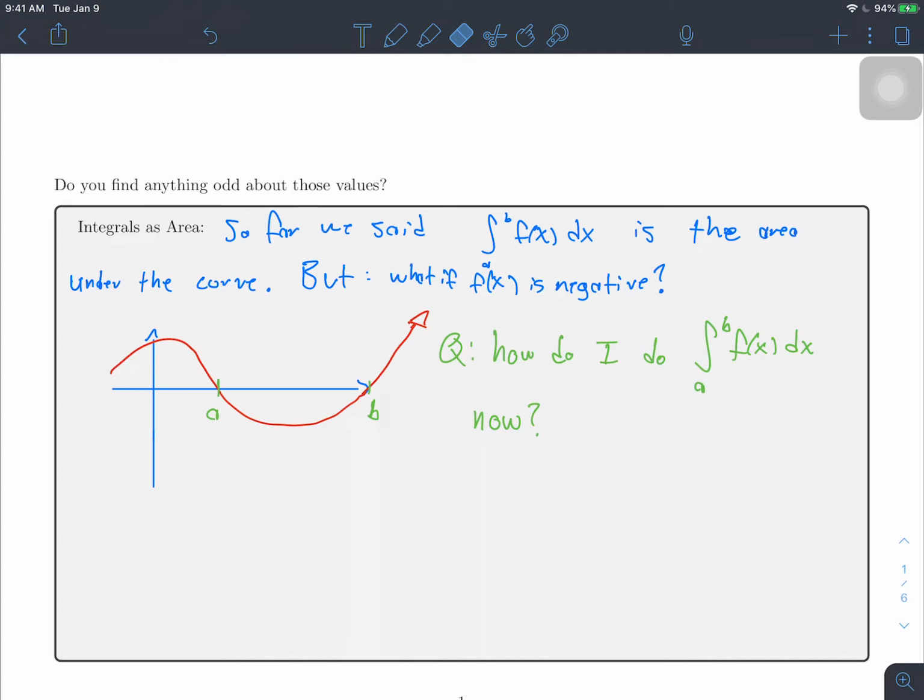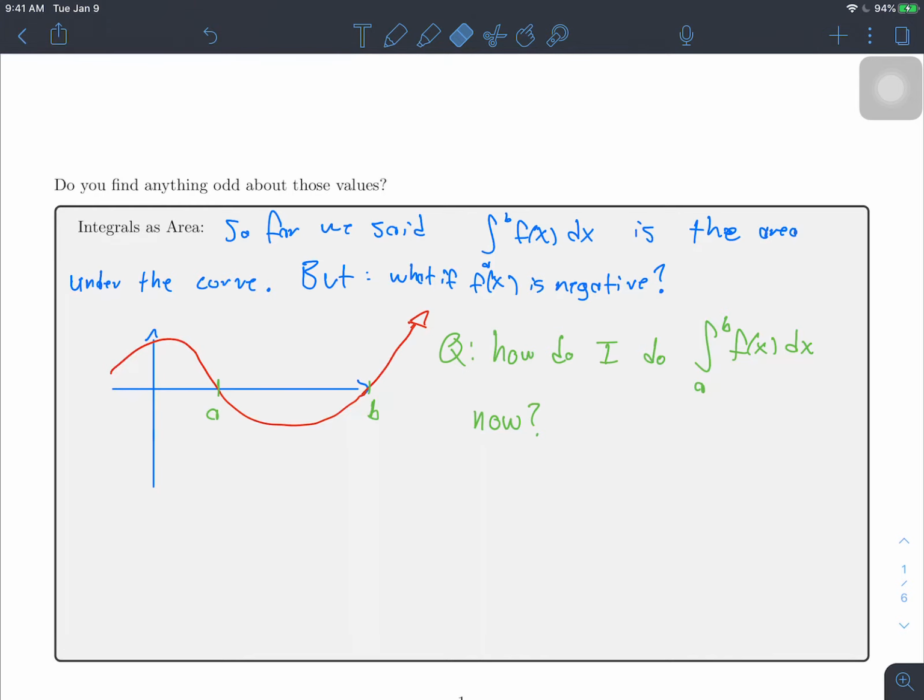Yasmin? The area above the curve. Yeah, area above the curve. More explicitly, we could expand our understanding of the integral from area under the curve to being more like area between the curve and the x-axis.